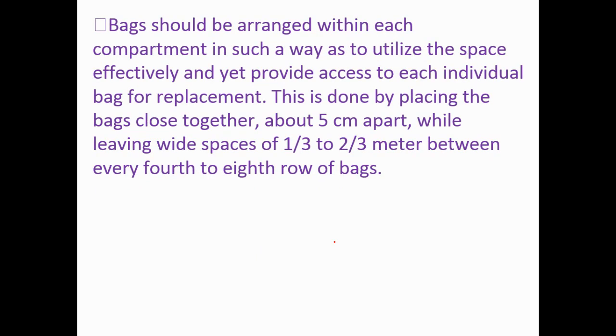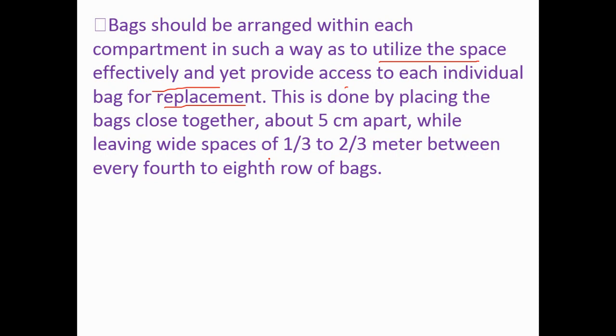The bags should be arranged within each compartment in such a way that they utilize the space effectively and provide access for individual bag replacement. Sometimes, due to pressure drop and the attachment of small particles to the bags, even if you take care, some bags may burst.